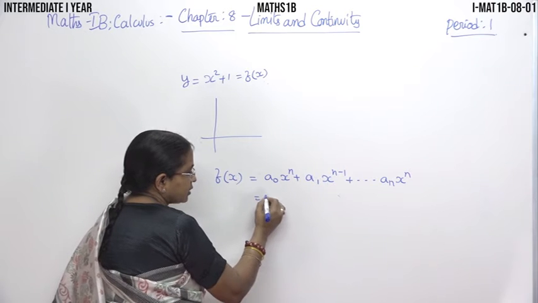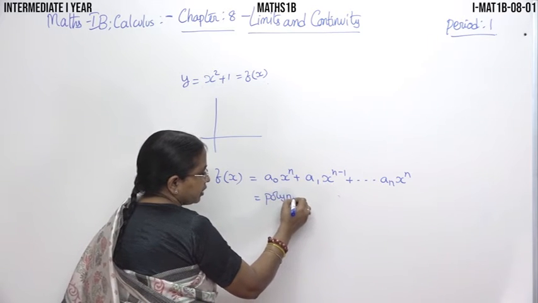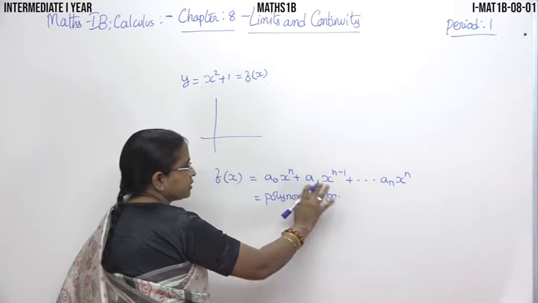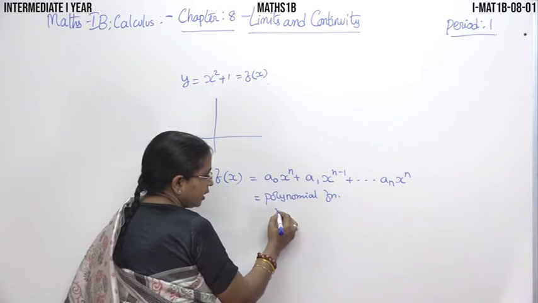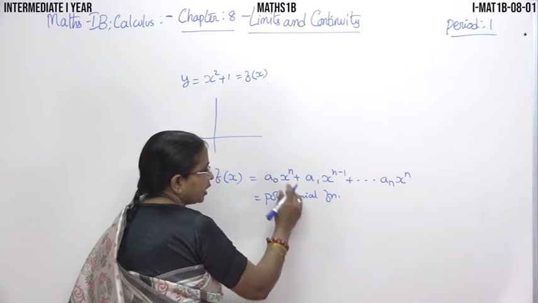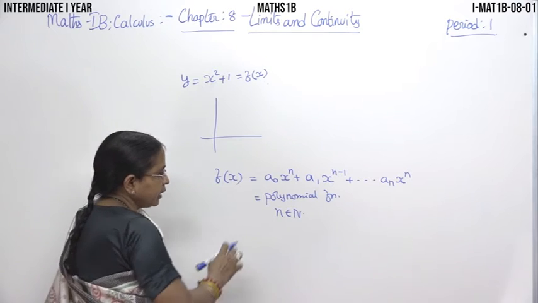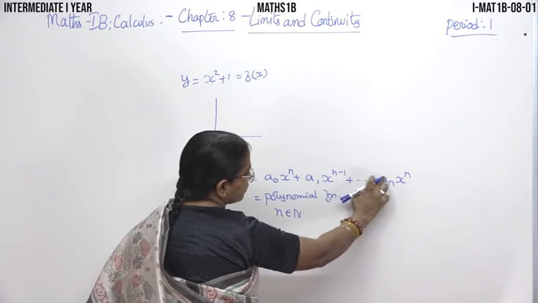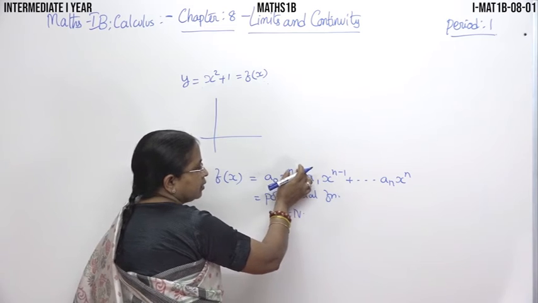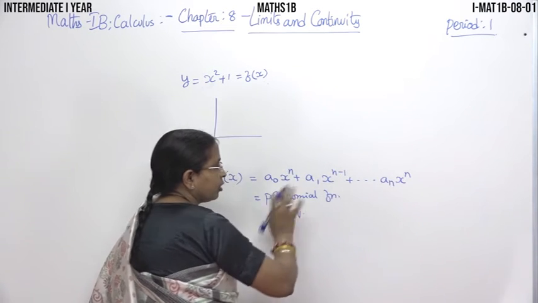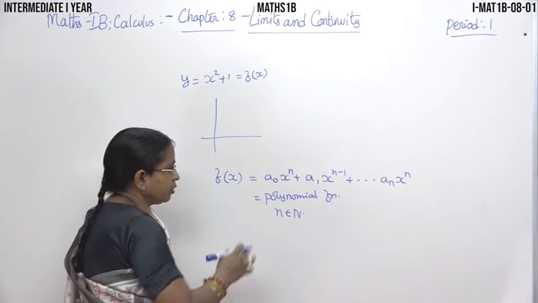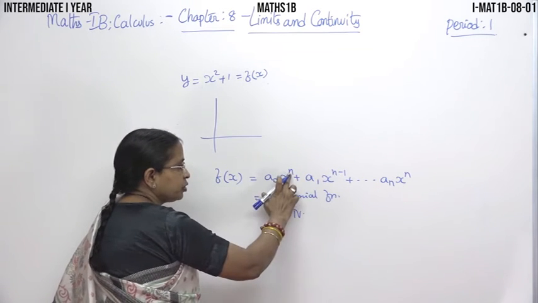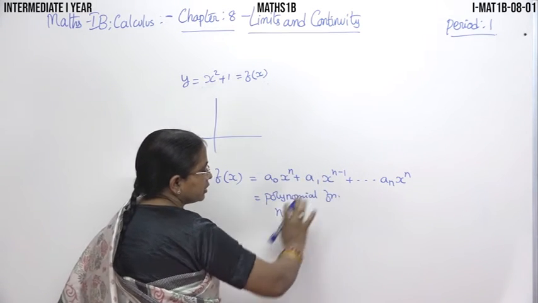Then this is called the polynomial function, f of x, where n is a natural number. And all these powers should be integers only. They cannot be fractions or negative numbers also. They should be non-negative integers, all these powers.